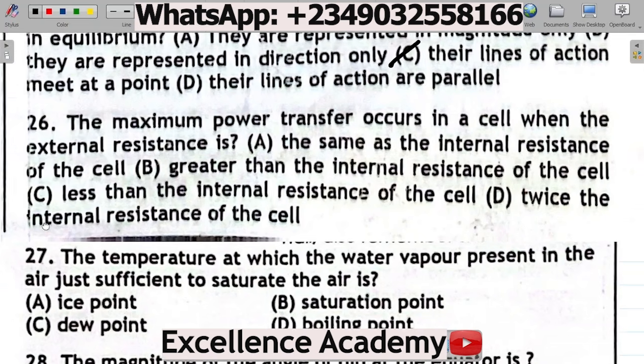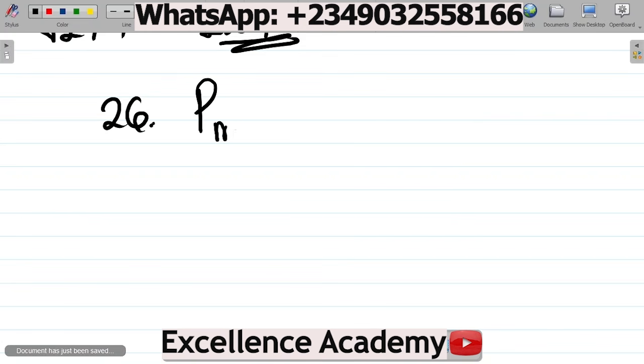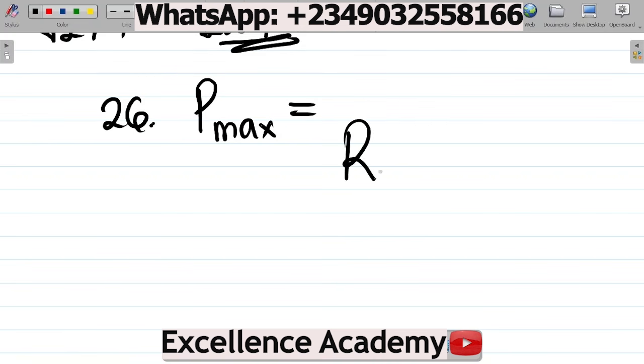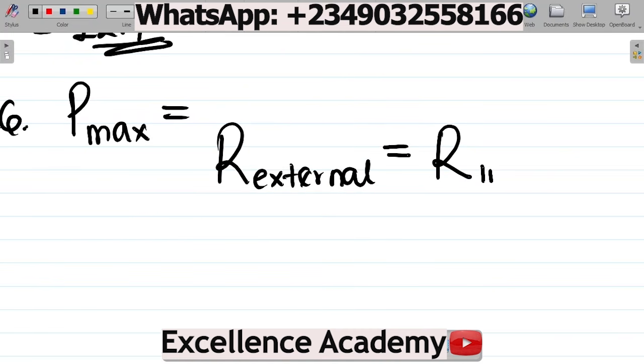Now, you want to note that for maximum power, let's say P max, the condition there is that the external resistance must be equal to the internal resistance, R internal.